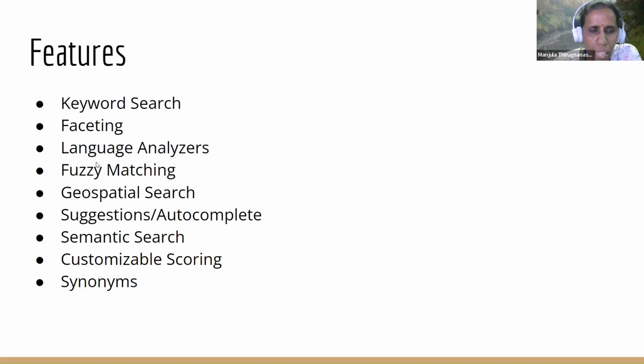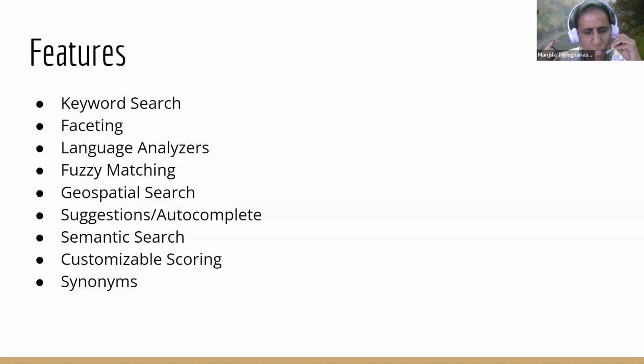And we have language analyzers. A default analyzer called Lucene is used in Azure Cognitive Search, which is language agnostic. Whereas if we want to use any particular language analyzer, we can set it. And fuzzy matching.